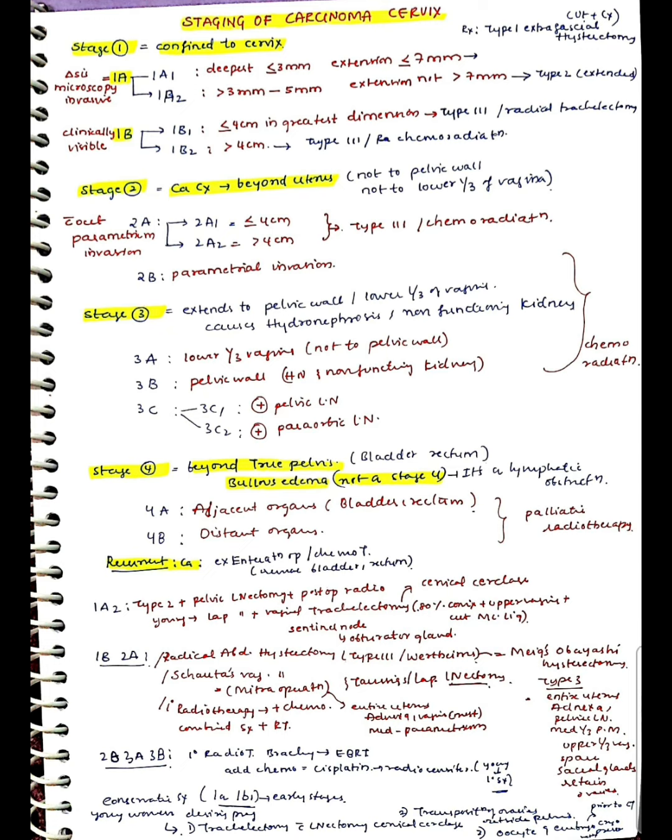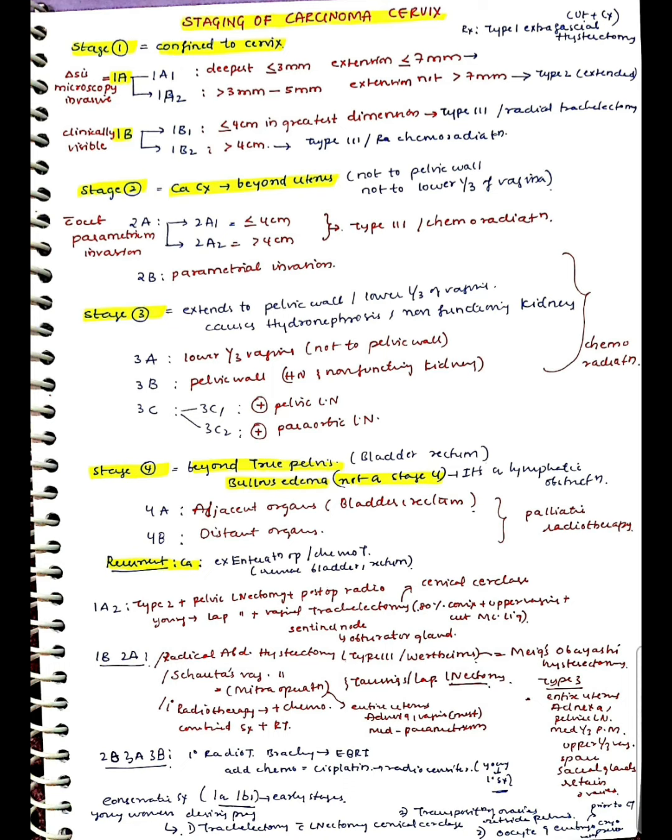Then coming to the stage 2 treatment. In stage 2A we'll go with the type 3 radical hysterectomy, or we can go with the chemoradiation. Now you know what is chemotherapy, what is radiation therapy. Radiation therapy means brachytherapy, external beam radiation therapy, and chemotherapy means you have to give cisplatin. Okay, now this is about stage 2A.